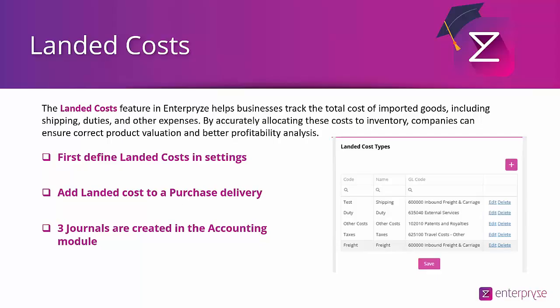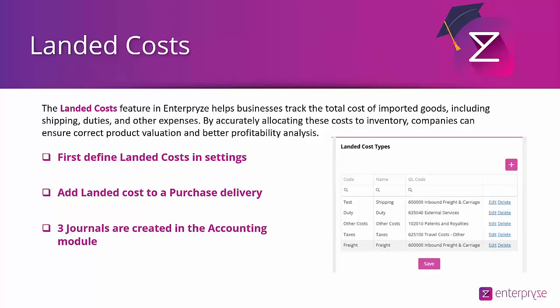What we've introduced this year is a new setting. In module settings, you have a panel for landed cost types, and there you can see the example on screen. Very simply, you define the codes and the names for those landed costs, making them relevant to your organization, covering what costs you need to track as items are imported and land with you.